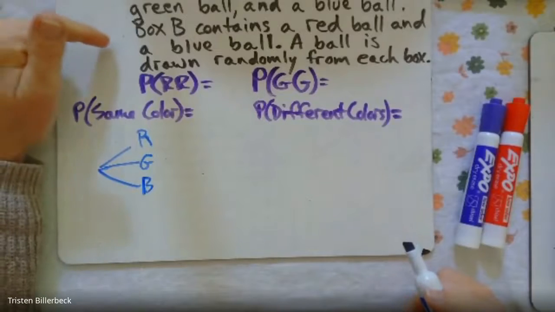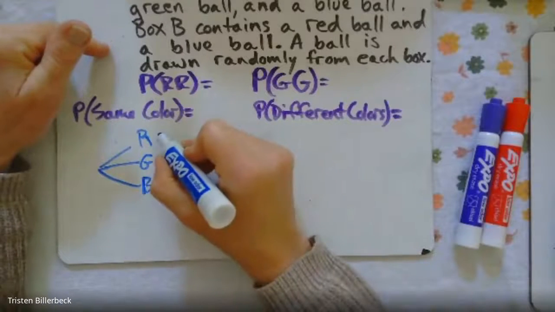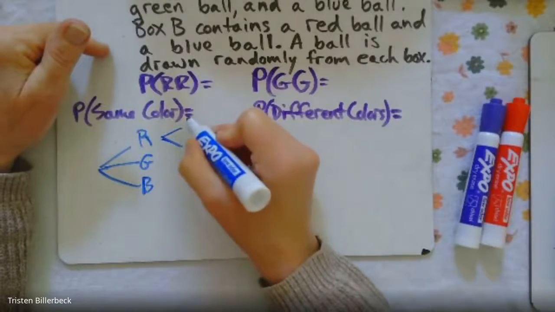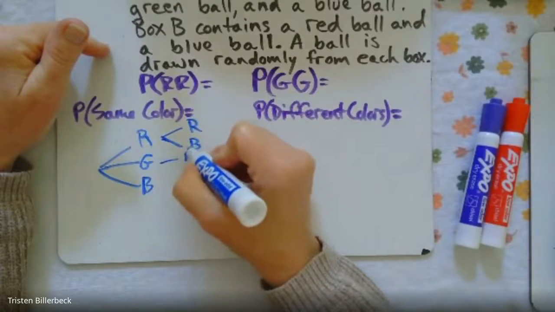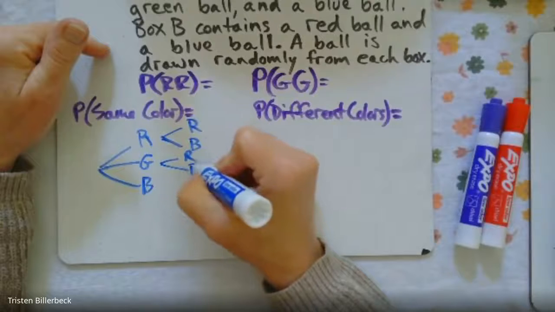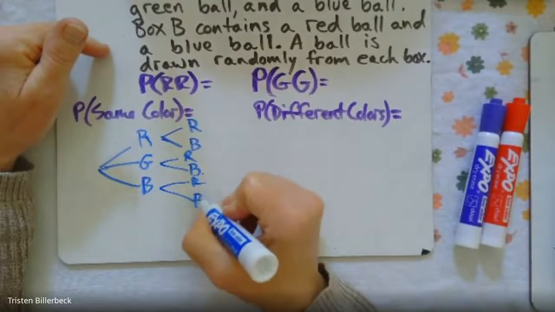Okay, and then we have a box B that contains a red ball and a blue ball. Okay, so we just have a red ball and a blue ball. That makes it easy. And a red ball and a blue ball.